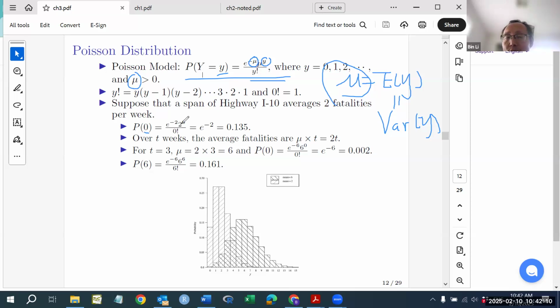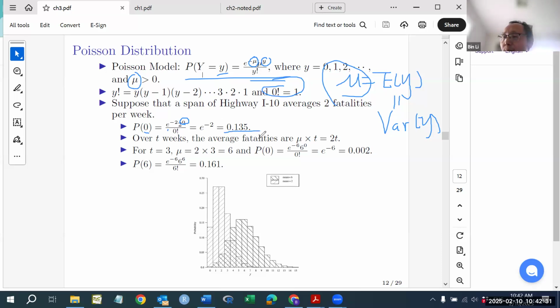So e to the -2 times 2 to the 0, because we want to find y equals 0, over 0 factorial, which is defined as 1. So we have e to the -2, that is 0.135.